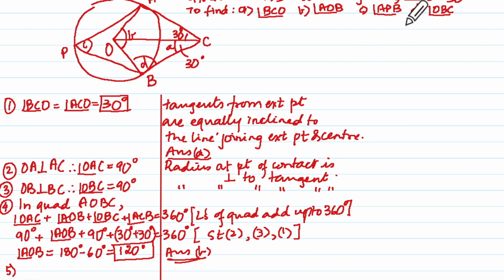We come to APB. Now APB is the angle which is subtended at the circumference. So angle APB will be equal to half of the angle subtended by this arc at the center, that is AOB, which is half into 120 degrees, which is 60 degrees.